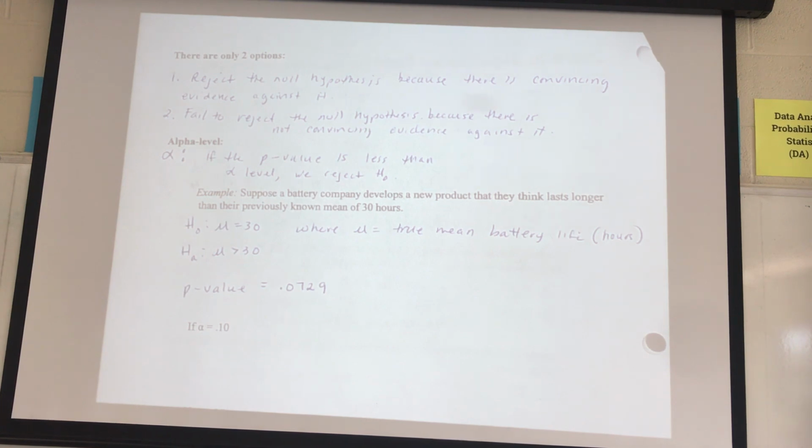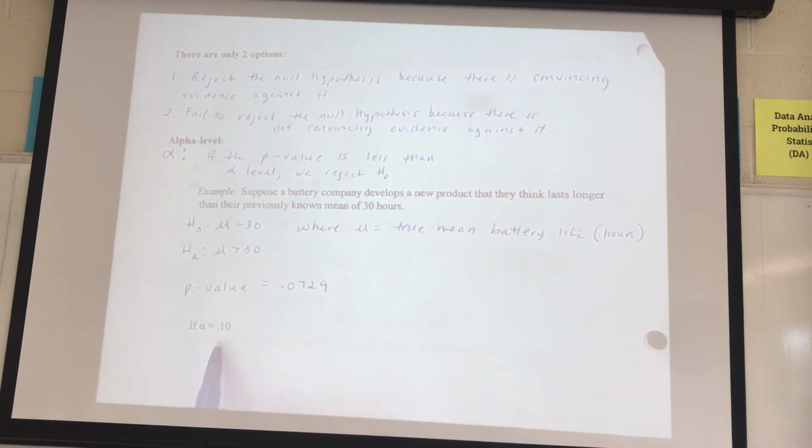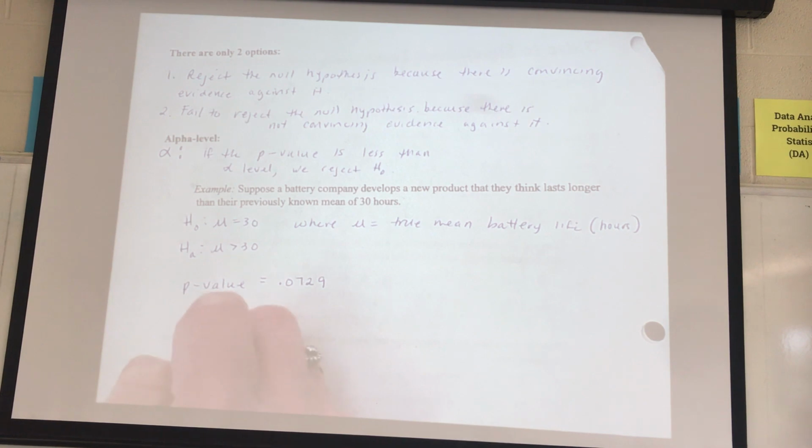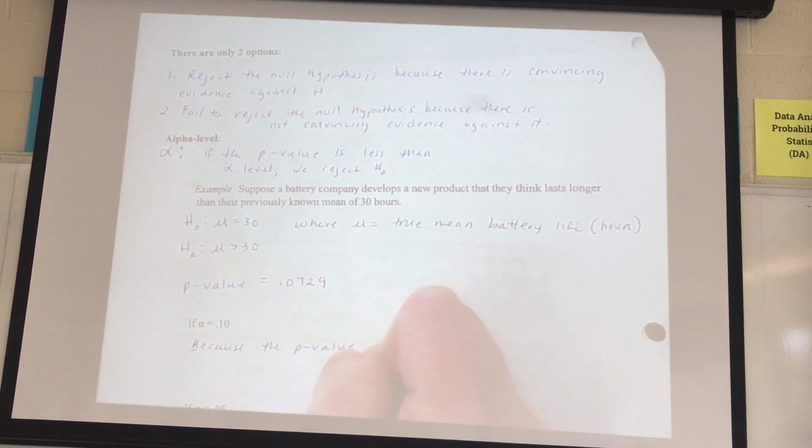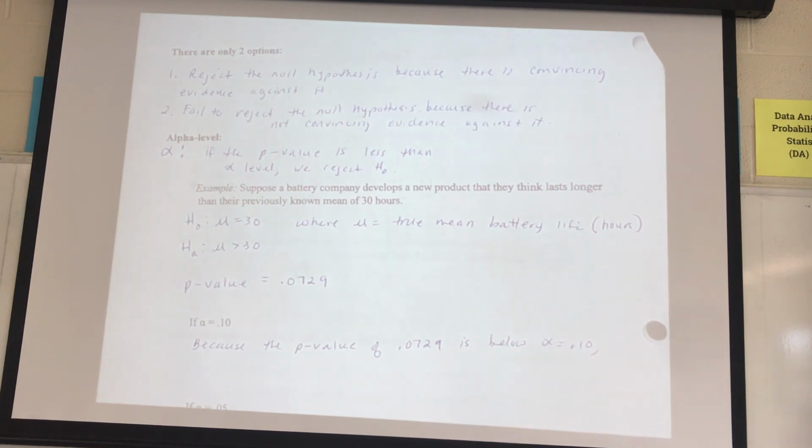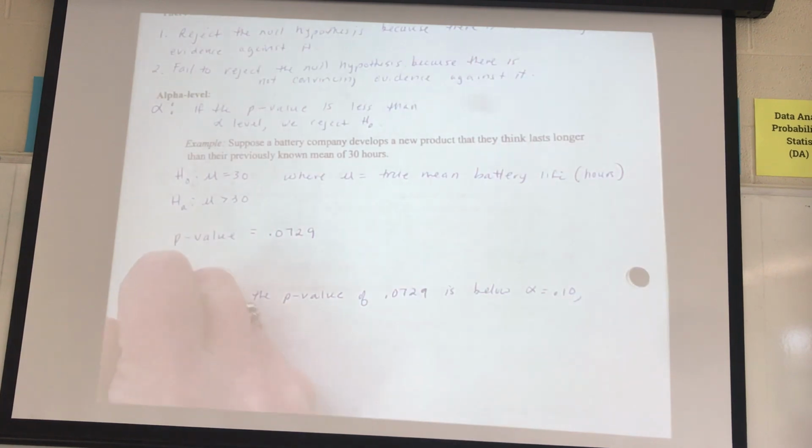So I'm looking at my p-value, and if the alpha level was 0.10, well, the p-value is less than that. So I would say because the p-value of 0.0729 is below the alpha level of 0.10, this is the situation where we reject the null hypothesis.